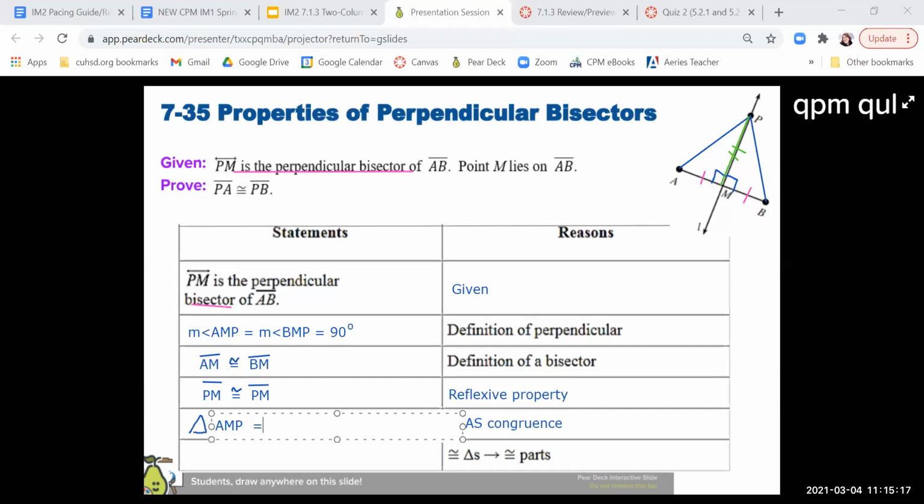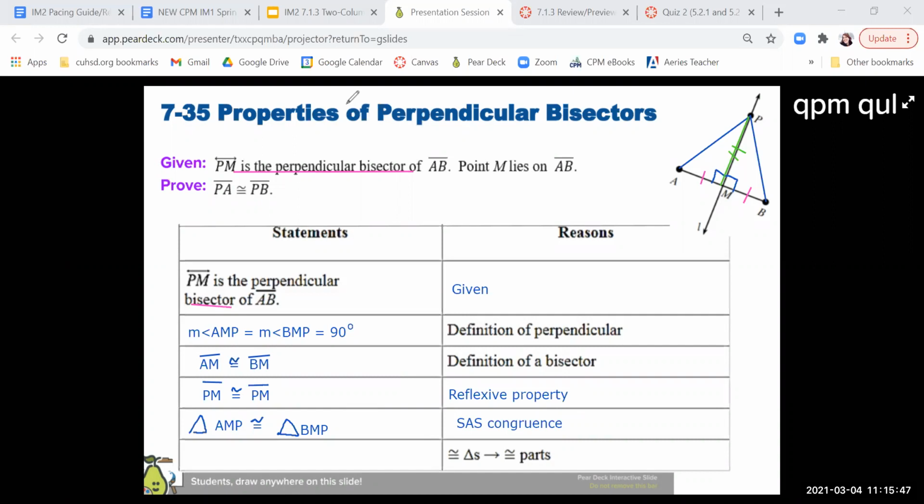And that's going to be congruent to triangle BMP on the right. So let me just add the rest of my notation here. So this is a congruent symbol. All right, so now we know we have congruent triangles.